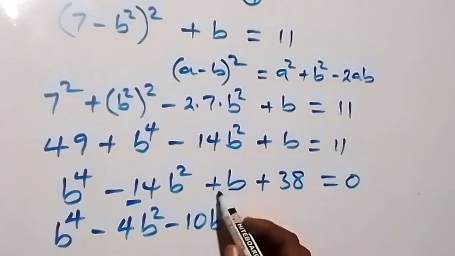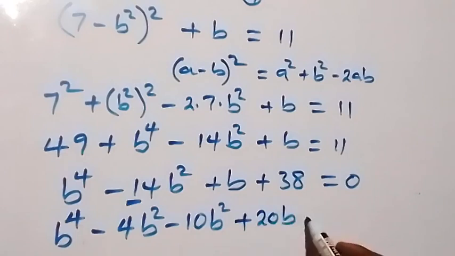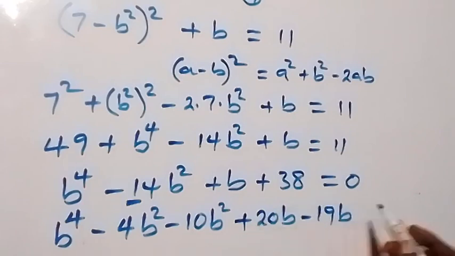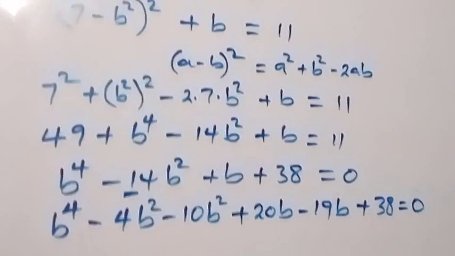And also here plus b, let's write it as plus 20b minus 19b, as 20 minus 19 will be 1, then plus 38 equals 0 on this side.